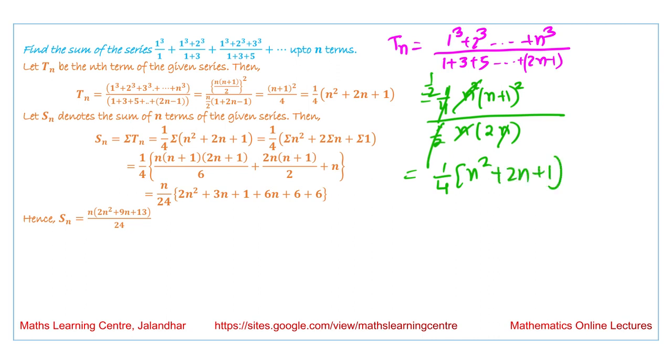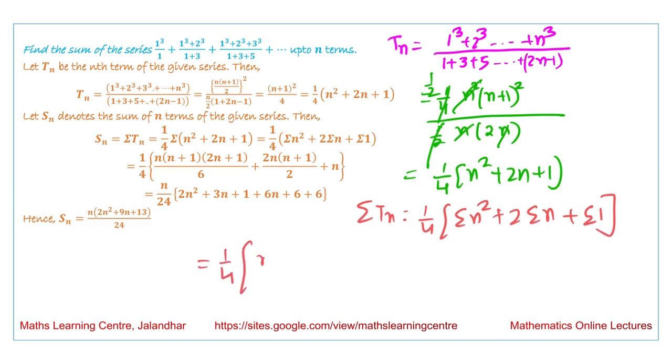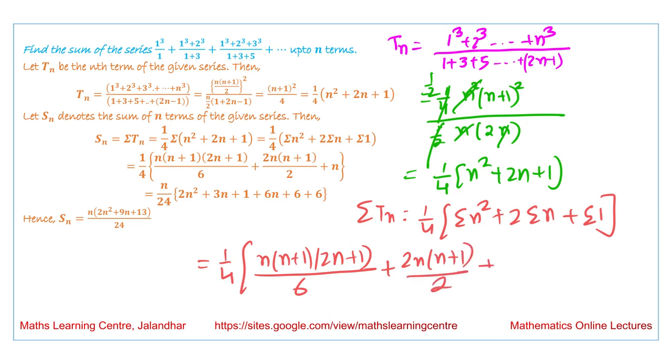Now if we calculate sigma Tn, it is 1 by 4 (sigma n square plus 2 sigma n plus sigma 1). So the answer we have is 1 by 4 into [(n plus 1)(2n plus 1) divided by 6 plus 2n(n plus 1) divided by 2 plus n].